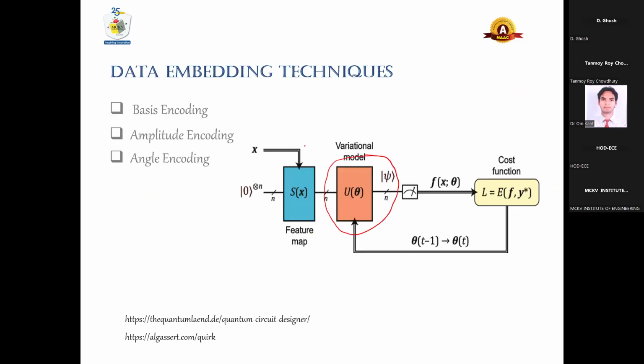This part is done. You have encoded your X, your input data. Now it is the training part, the variational model, the parameterization part. You'll change the parameters and you will achieve your goal. So I'm talking about the variational part, that is U dependent on theta.